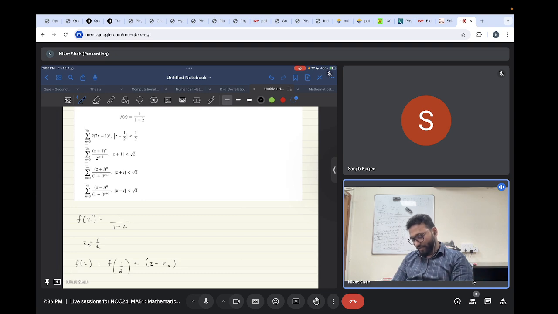So f of half plus z minus z0 into f prime of z0 plus z minus z0 whole square by 2 factorial.